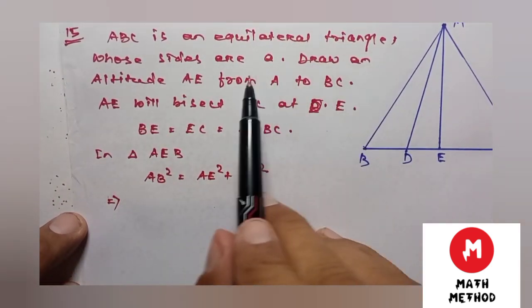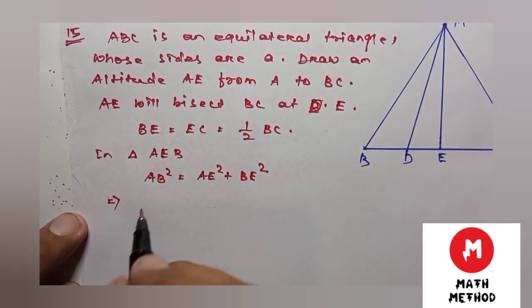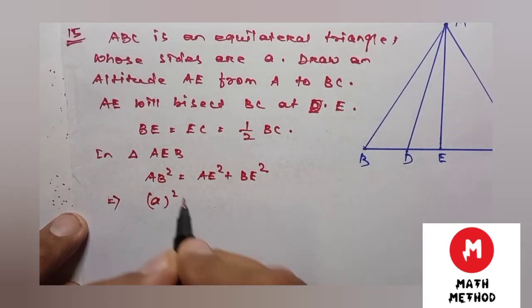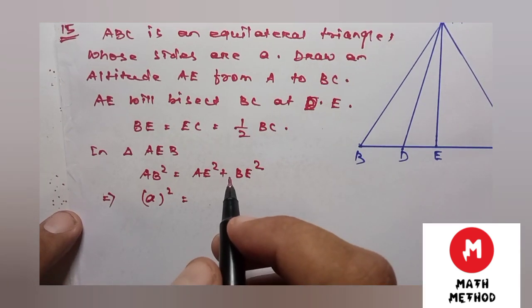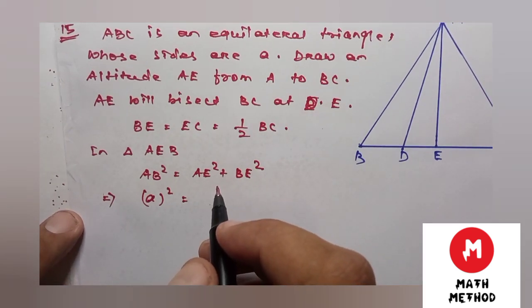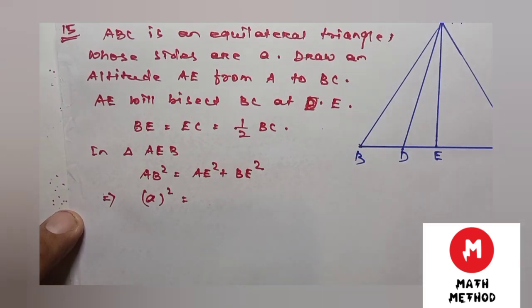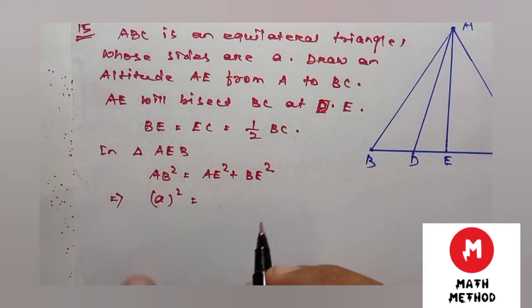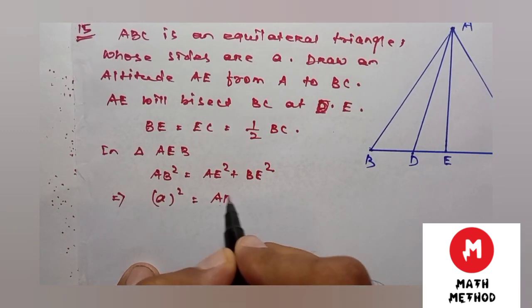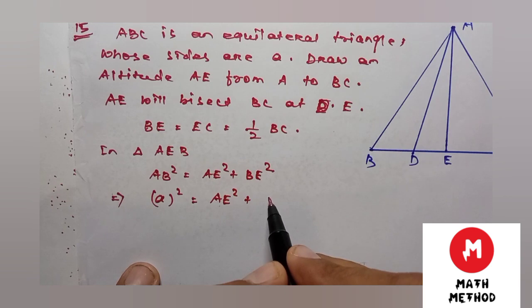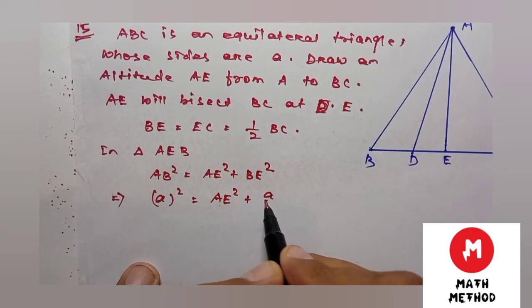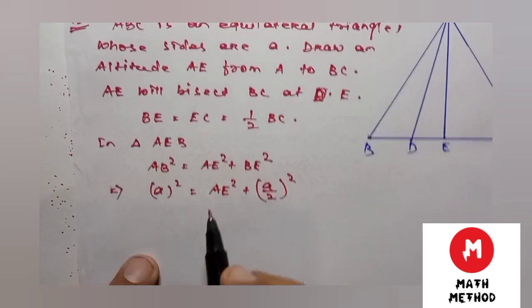We have taken each side as a, so AB is equal to a, so a square is equal to AE square plus BE square, where BE is half of BC, so this becomes (a by 2) whole square.